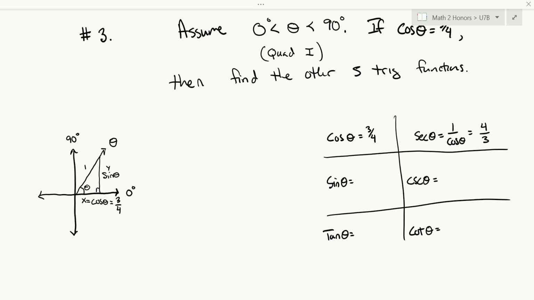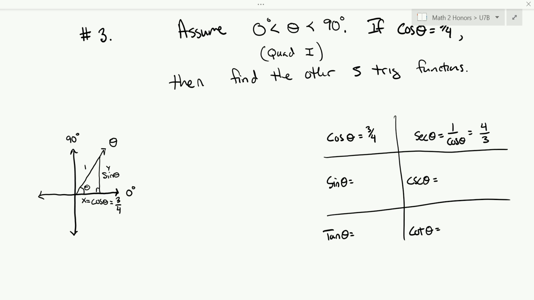How do we do that? If we have 2 sides, how do we find that third side? Yeah, Pythagorean theorem. A squared plus b squared equals c squared. Now, it gets a little messy, Pythagorean theorem with fractions. We could do that.